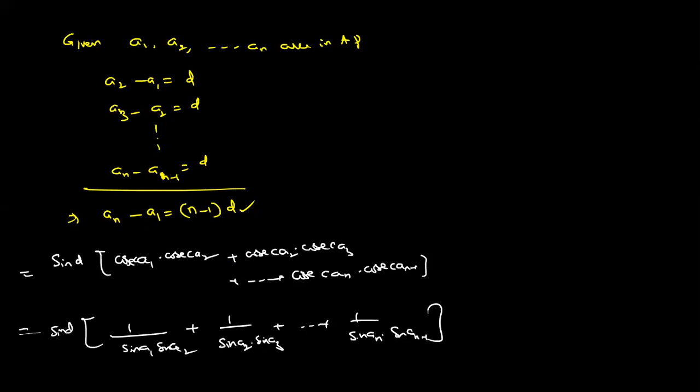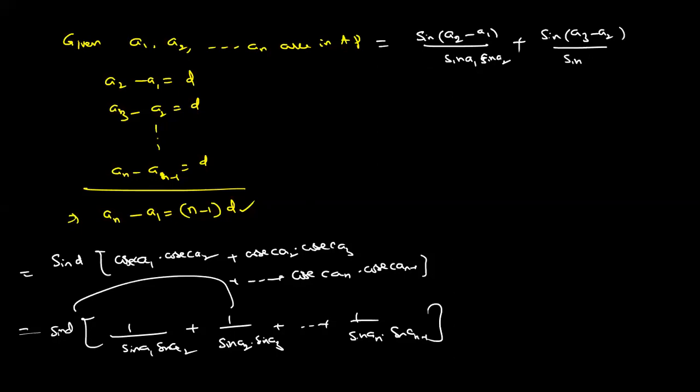Dear students, sin D, in the place of D I can write A2 minus A1. Sin D, here sin D means I can write in the place of D A3 minus A2. And so on, sin D is AN minus A(N-1). In the place of D I am writing, see carefully.